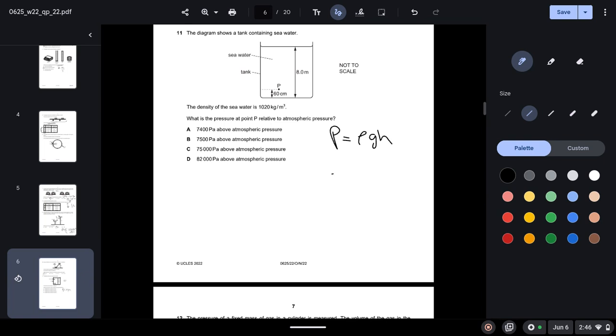Rho is your density, so 1020 times the gravitational field strength, you can take it as 10, and height they have given us at point P, the height would be 7.4 meters, because 8 meters minus 0.6 would give you 7.4. So calculate this and you will get 75,480. So rounding this off, you would get 75,000.